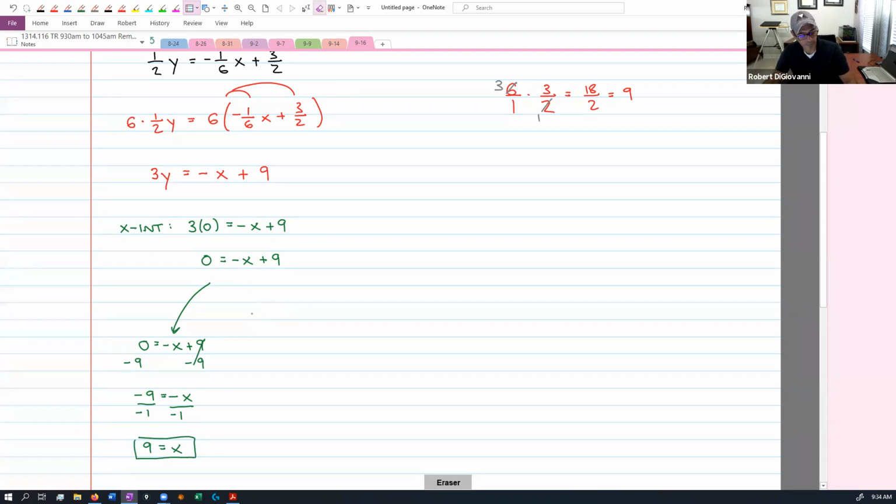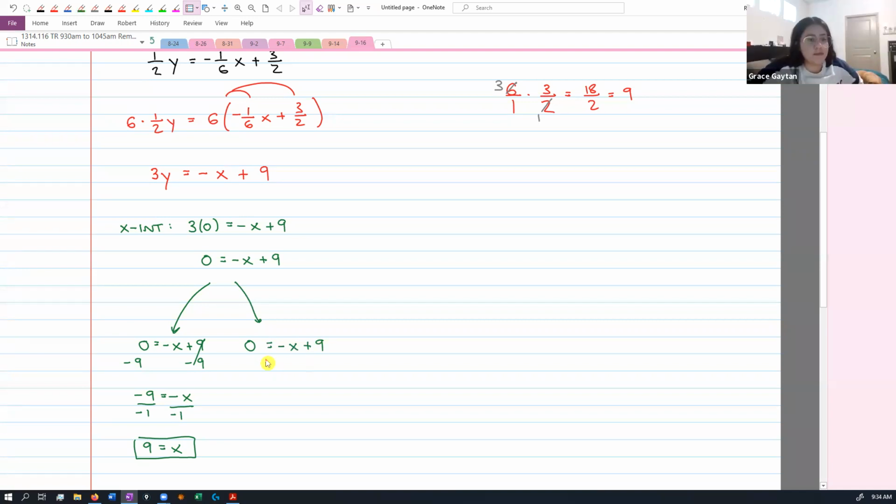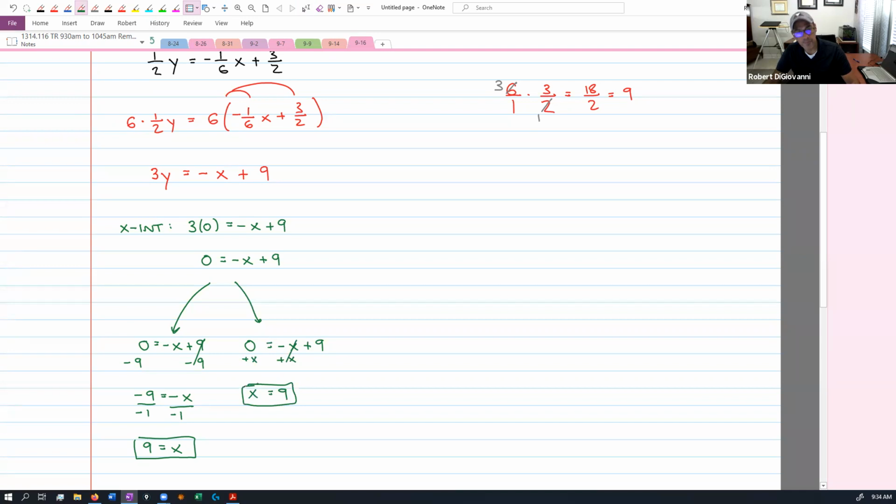Yeah, sorry, I was muted. That's all right. Okay, now the other way you could do it is, instead of moving the 9 over, you can move the x to the other side. So you just add x to both sides. And you get x equals 9, which is the same answer. So either way, it'll work. Okay, thank you.